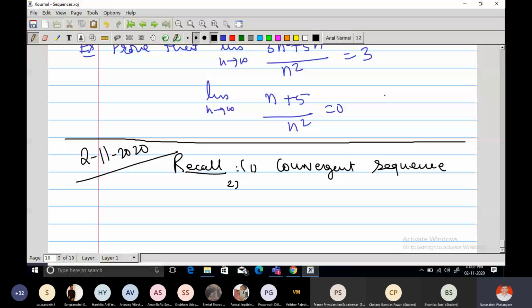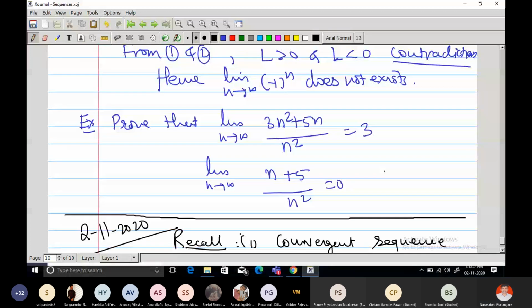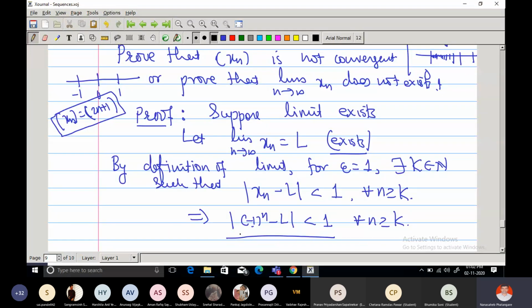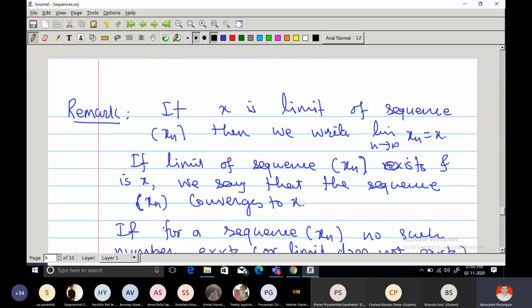Did I tell you about oscillating sequence? Not. Okay, so we discussed convergent sequence, and if a sequence is not convergent, then it is called a divergent sequence, right? Yes, sir. All of you understood the definition of limit of a sequence.